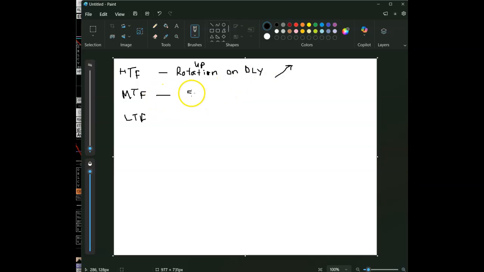Middle time frame is where you get the spring. And by spring we need an attempt to break down. Right there, we have an attempt to break down. Okay?